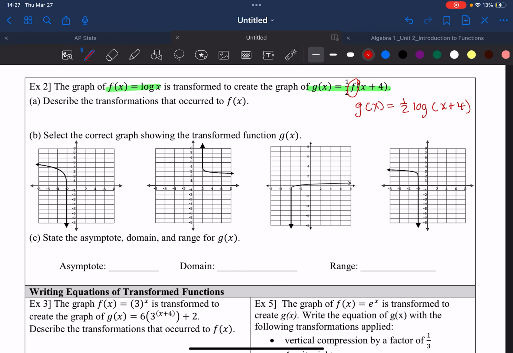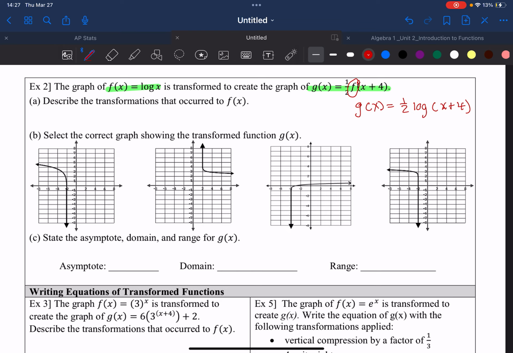If you see an f in that function, that is calling the function of the original. So think of it as them taking a shortcut. Instead of writing out the entire function, they shorthand it and just put f. We know that, so we just plug the log back in and make it look like what the transformed function should.